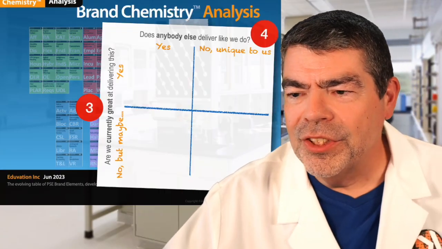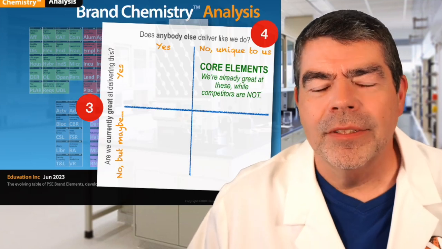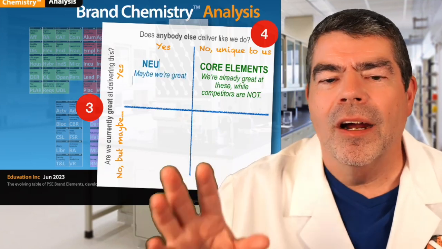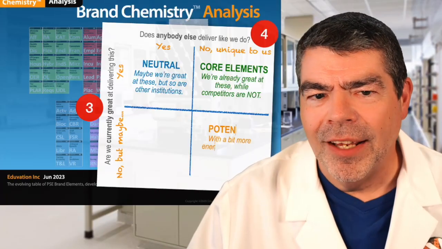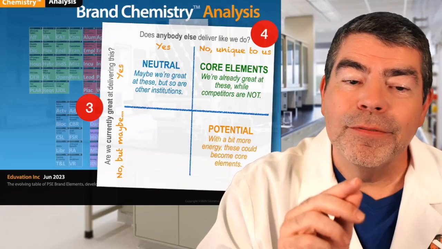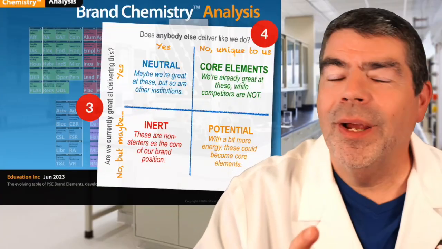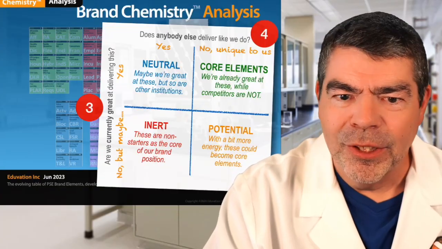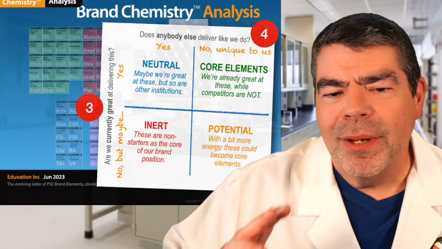So when you're finished, you've positioned your cards on the 2x2 matrix so that in the top right are core elements that we are great at and competitors are not. On the top left are what I'll call neutral elements, where we may be great at, but so are plenty of our competitors. The bottom right are those elements with some potential.